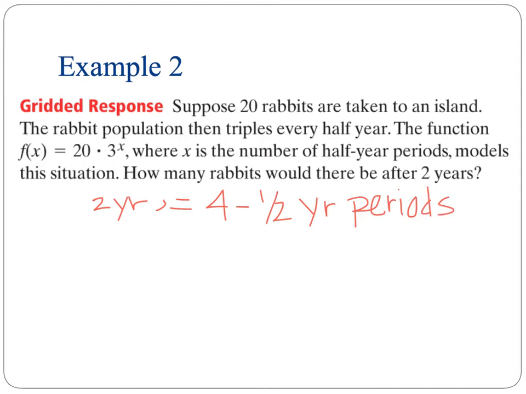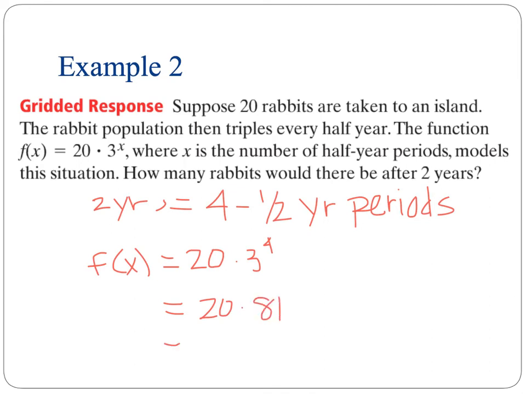So my equation then becomes f of x equals 20, which is my initial amount of rabbits, times 3, because it's tripling, raised to the power of 4, because I have 4 half-year periods. So when I simplify, this gives me 20 times 3 to the power of 4, which is 81.